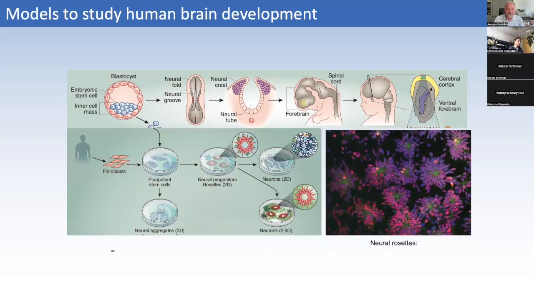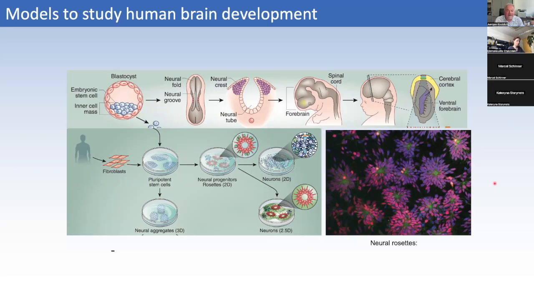And in 2 dimensions, the neural progenitors already form these rosette-like structures that can be plated. There have also been some early attempts to generate neural aggregates, so-called neurospheres, which also can be derived from ES cells. And the cells already arrange themselves in 2D.